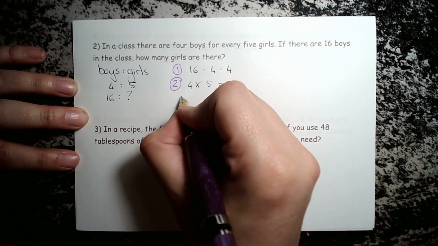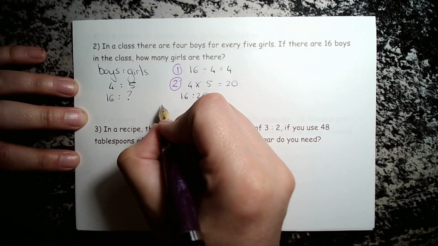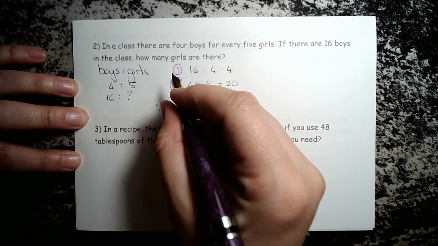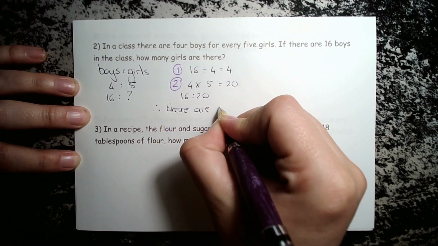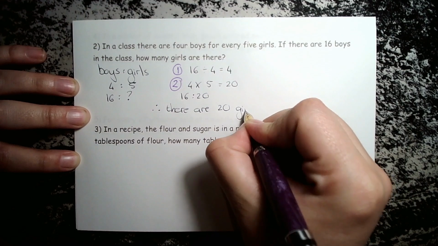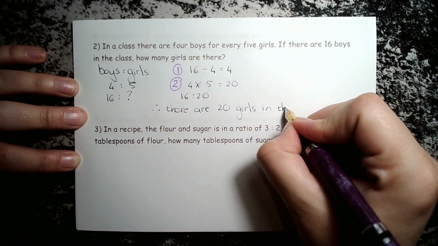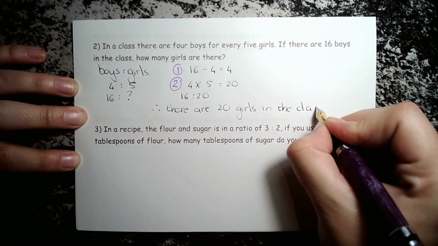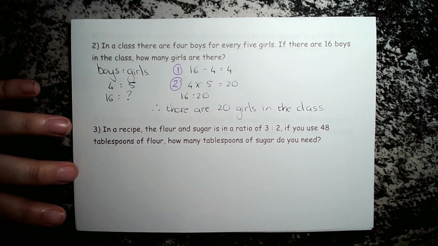In our ratio, 16 is to 20 and our answer, therefore, there are 20 girls in the class. And there we have our answer.